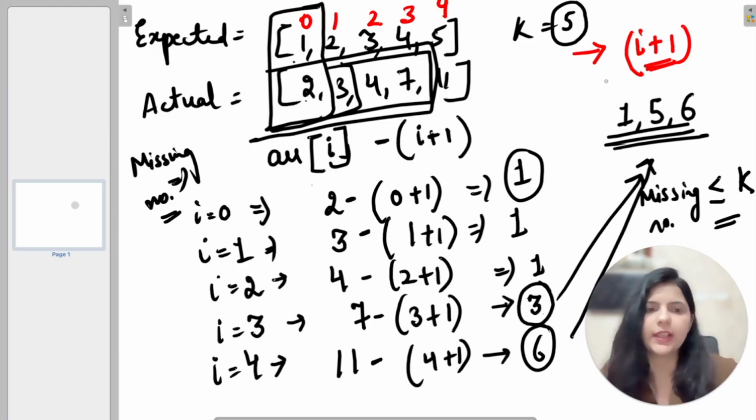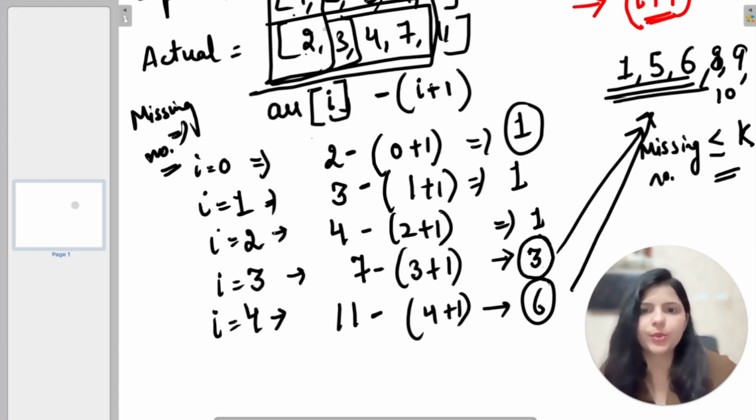If you see till 11, 1, 5, 6, 8, 9 and 10, right? 6 numbers are missing. Now, because you know that till here only 3 numbers were missing, so it is not possible to find the 5th number. But here 6 numbers are missing. That means your 5th number is going to be between these two numbers, right?